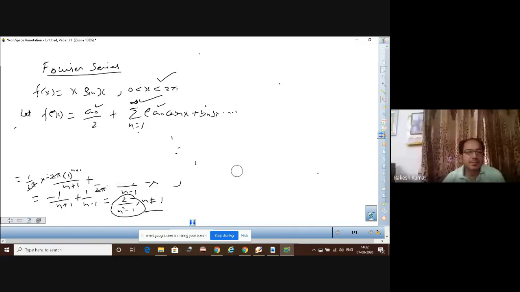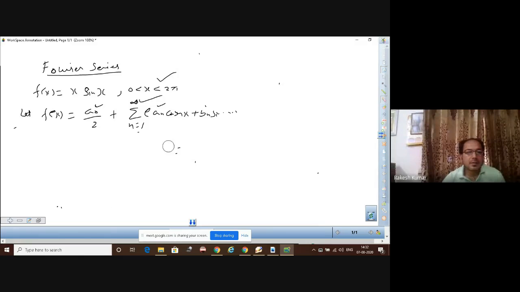The value of the third Euler constant comes out to be T_n equals 1 over pi, integral from 0 to 2 pi of function into sin nx dx.